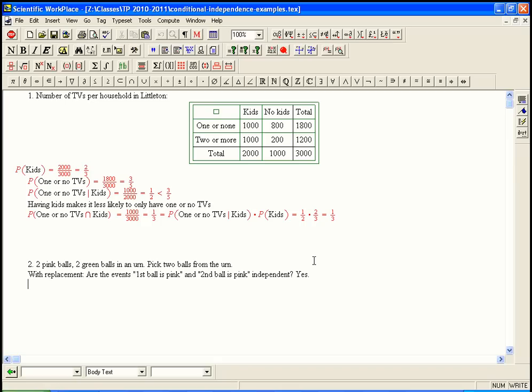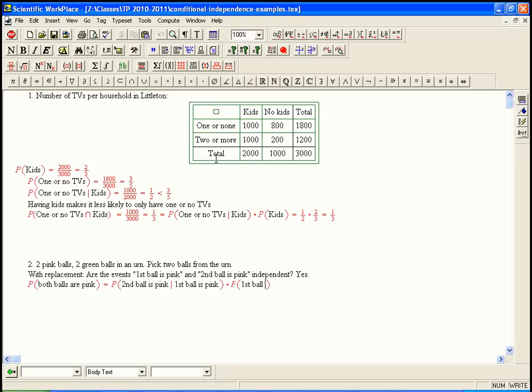Well, let's calculate the probability that both balls are pink. That's always equal to the probability that the second ball is pink given that the first ball is pink, times the probability that the first ball is pink.